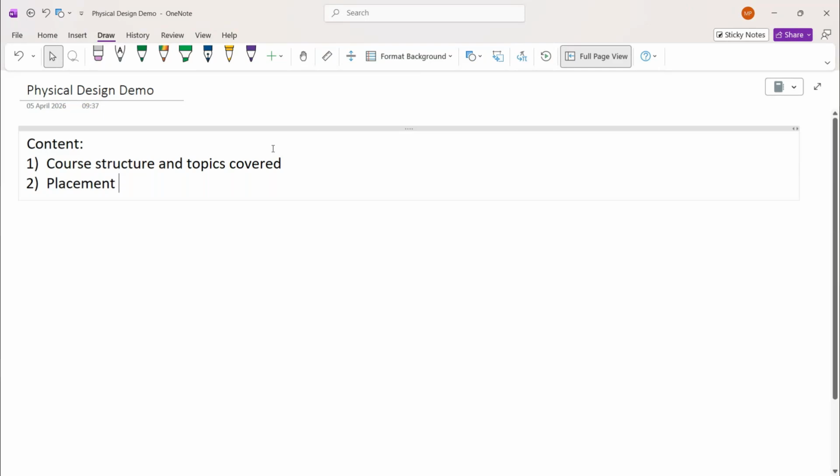Right, towards the end we give the placement support also, and till you are not getting into industry, you can be part of the placement support. But how it works, that I'm going to explain. So placement support, interview prep.